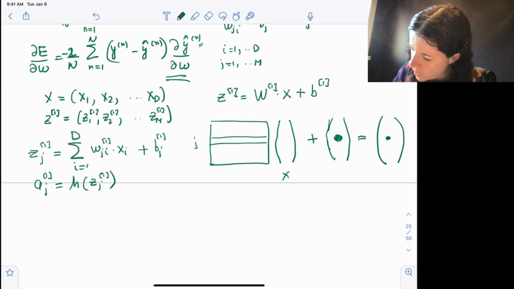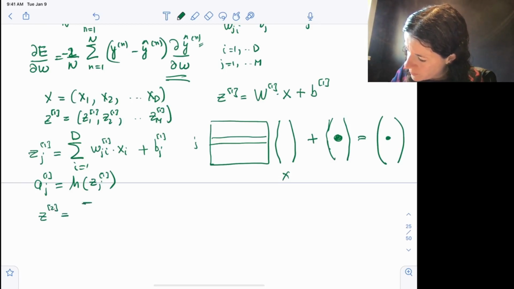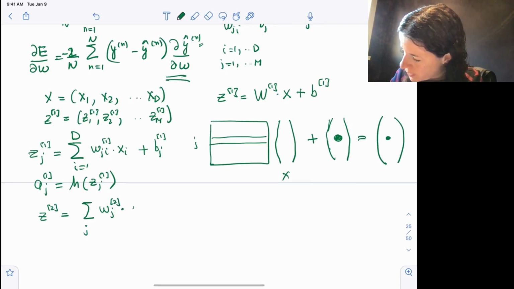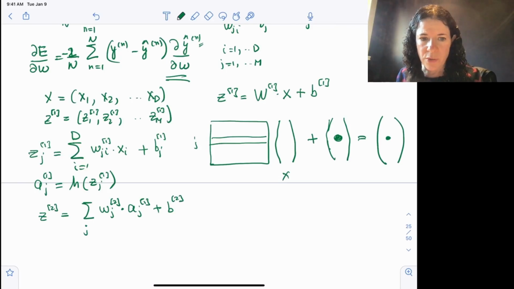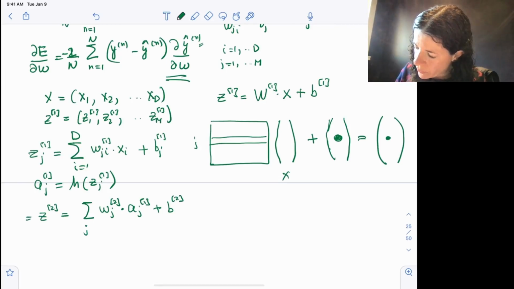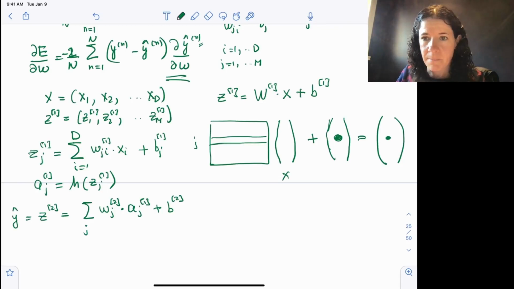So basically what we have is that z2, which is just one number in this case, is equal to the sum over j of w_j^2 times a_j^1, plus b2. Okay? So those are the equations that we have. And by the way, because we're in regression, this is going to be our y hat, right? So basically, what do we have to figure out?